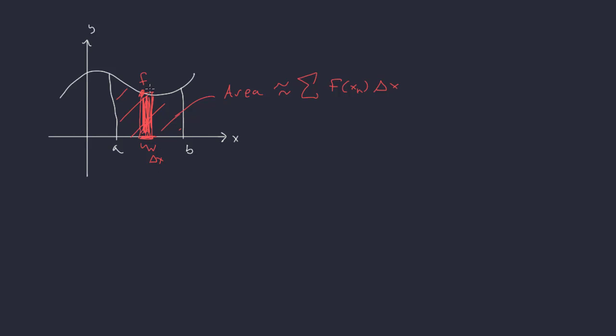So delta x by f. So that ends up giving us the definite integral from a to b of f of x dx.